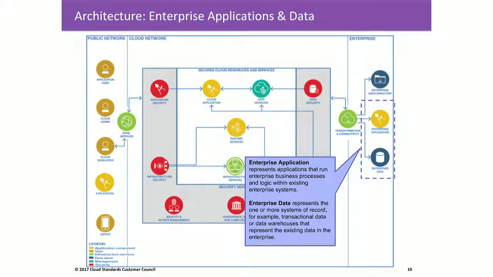Enterprise applications and data are resources that are hosted internally within the enterprise. There are several reasons to host applications and data within the enterprise network. In some cases, applications cannot be hosted on cloud because of technical challenges, for instance, legacy applications or security requirements.